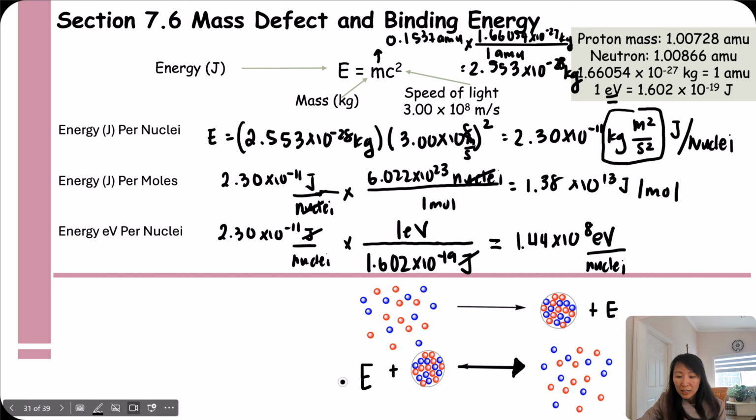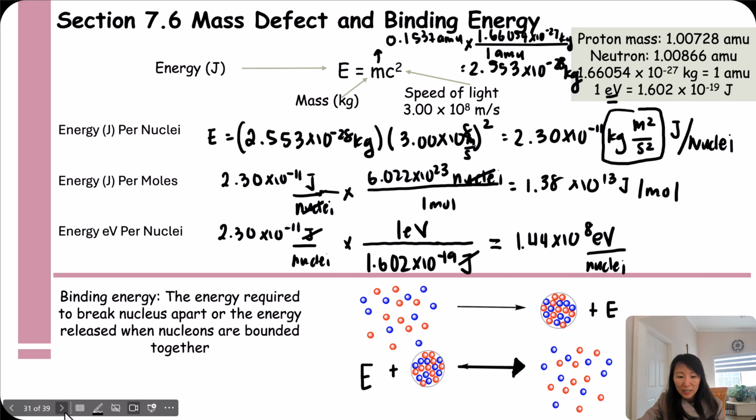That energy is the same value as here. In fact, that energy is called the binding energy. It's the energy required to break the nucleus apart. A lot of textbooks will say this, but it also goes the other route in that it's the energy that is released when the nucleus is formed together by all the individual protons and neutrons. And the value is exactly the same, the mass defect.